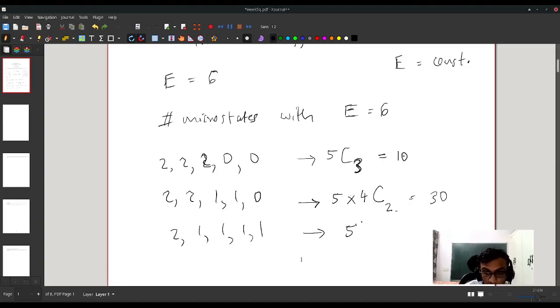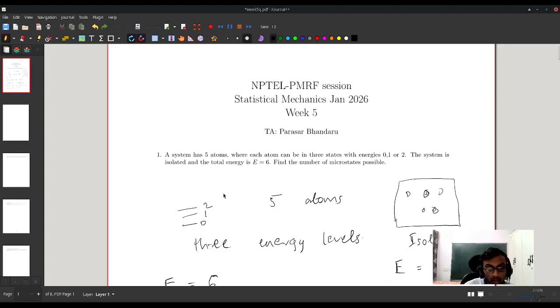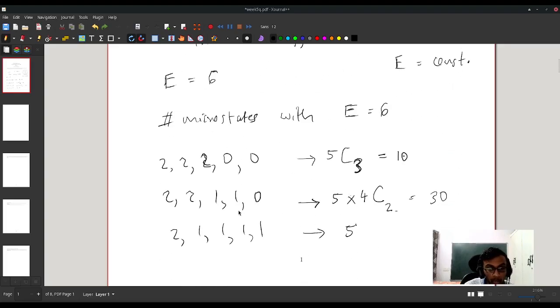so let me say that in a better way. There must be at least one atom which has an energy equal to 2, and the rest 4 can be partitioned like this: 1 1 1 1, or 2 1 1, or 2 2.